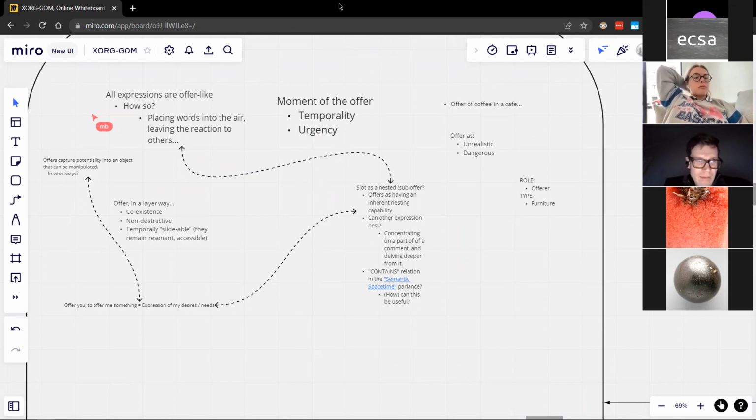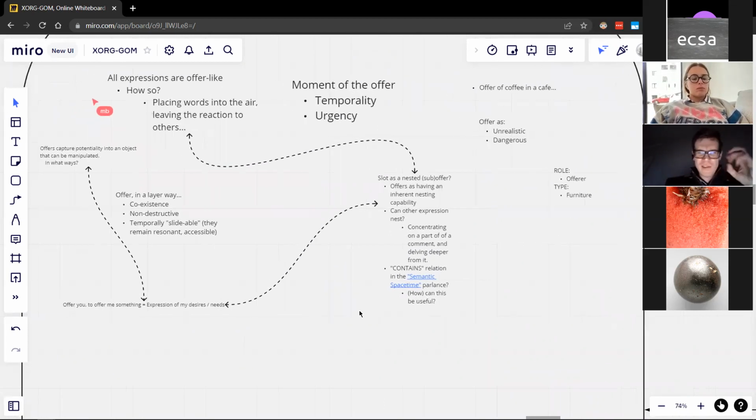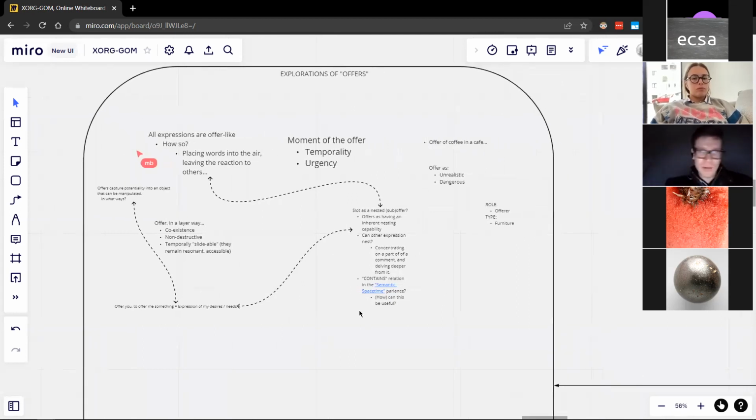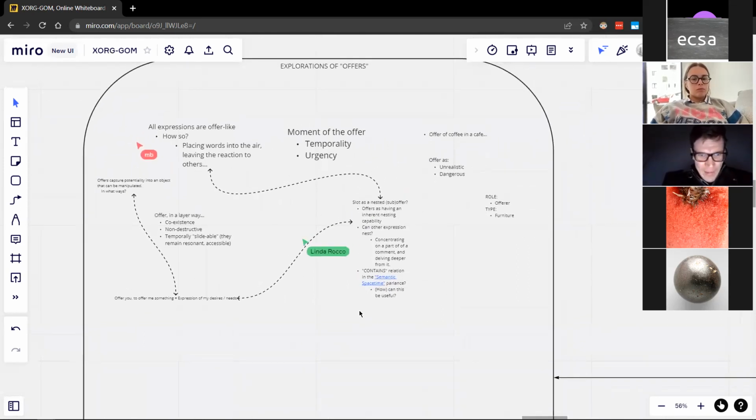And kind of reviving. I guess I need to do a more systematic rehash for myself of the precise definitions of the offers and rules and the relations. So I will be going through the Miro board today.